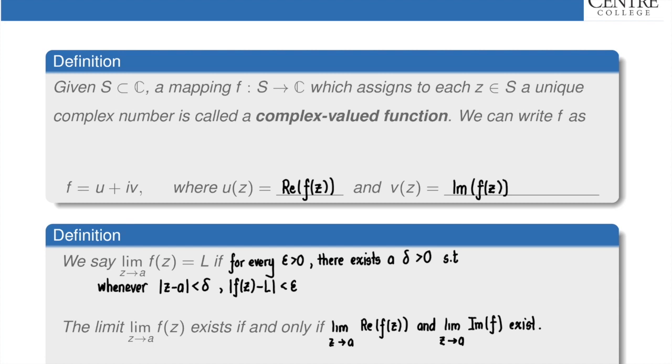Now we're going to get a real valued function. Admittedly, this real valued function is going to have two variables, in terms of x and y. But we have reduced the question of computing the limit of a complex function to computing the limit of two real valued functions of two variables. So there's a slight trade-off there, but it's nothing too terrible.